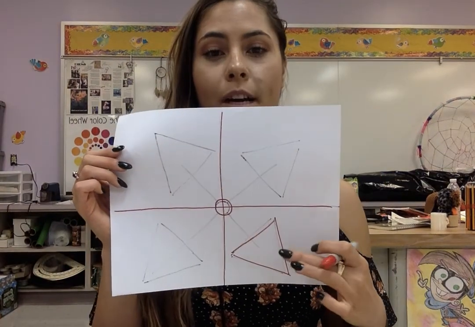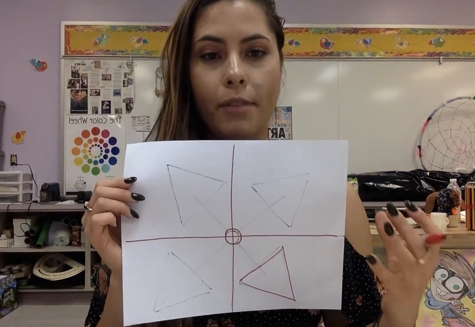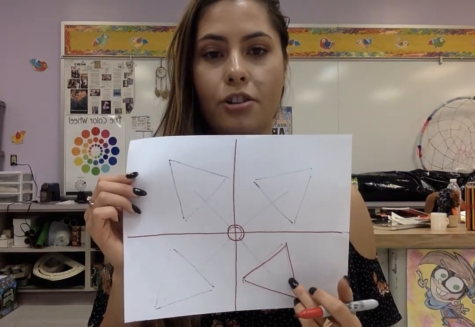If I were to draw, let's draw a triangle in one section. Right now it's really off balance. To create radial balance, I will now have to draw that triangle in all of the sections, in the same spot, in the same direction to create that radial balance.